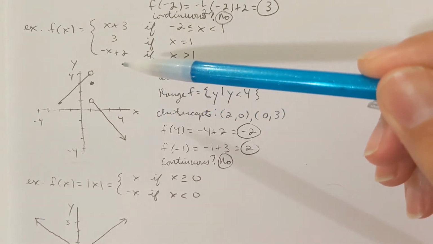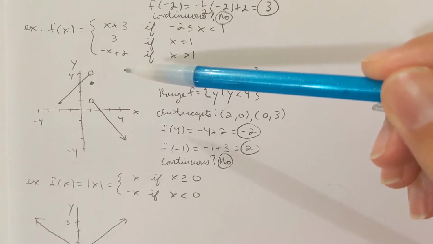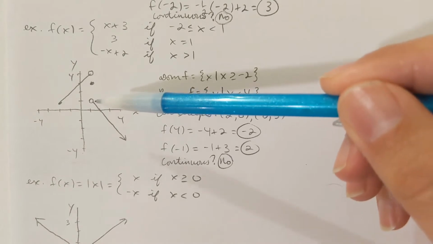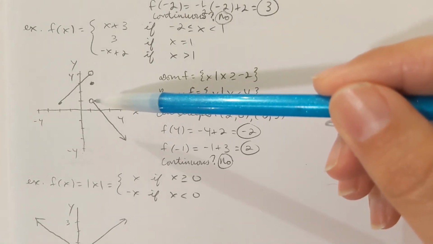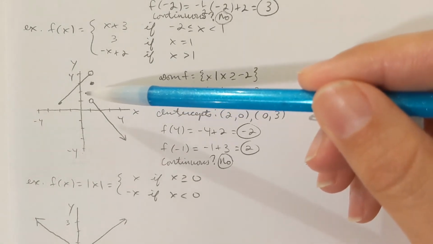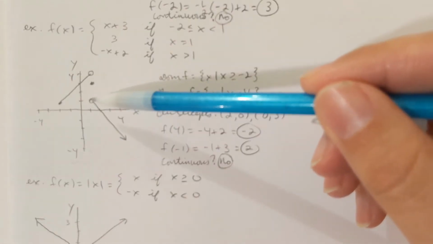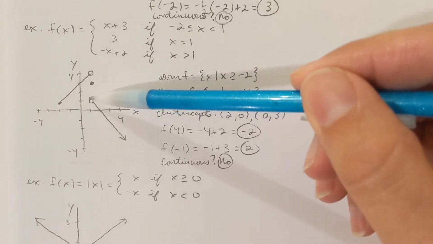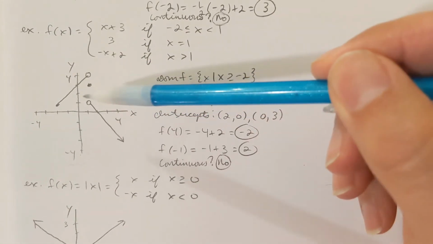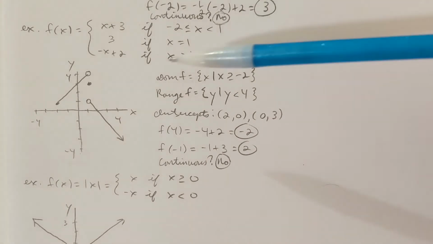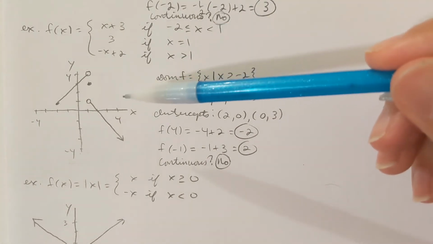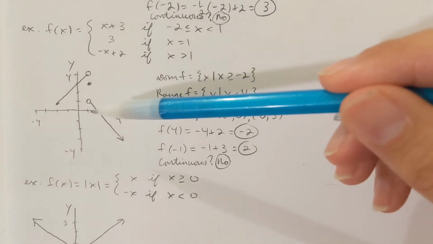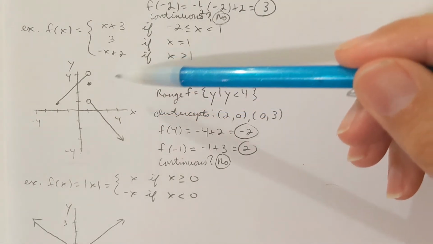Piece 3, y equals negative x plus 2 if x is greater than 1, means that I would have 2 on the graph, but I want to erase everywhere that is less than or equal to 1. So anything that is greater than 1 needs to be kept, which means that 1, 1 is not on the graph.